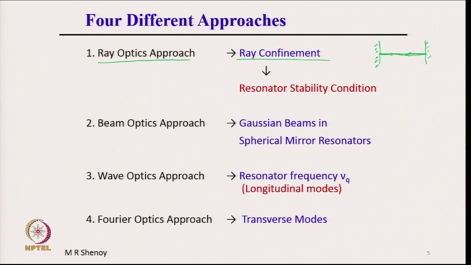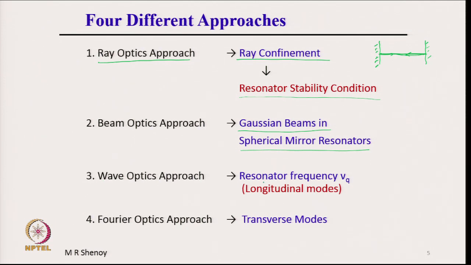Using the ray optics approach, we will obtain the resonator stability condition. A second approach which is widely used is the beam optics approach. We will use the beam optics approach to determine the Gaussian beams in spherical mirror resonators, and the wave optics approach, where propagation inside the resonator is treated in terms of waves which are going back and forth.